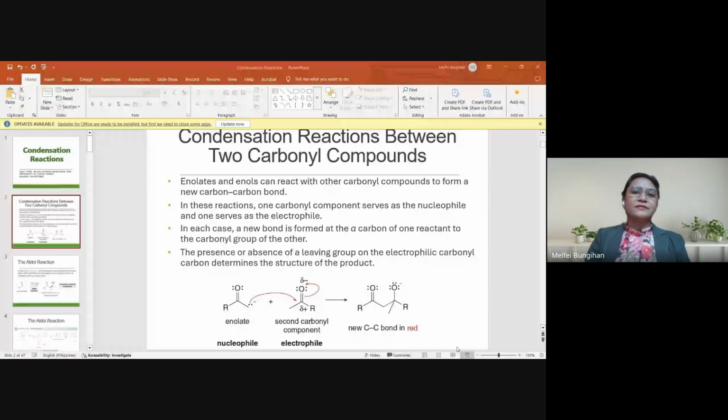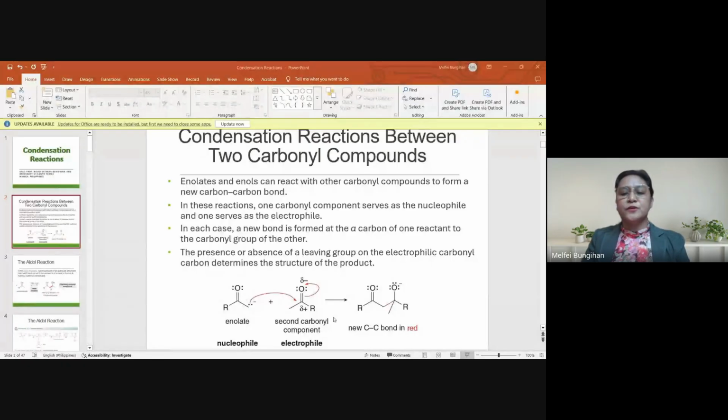So let's look at propanal, for example. Looking at the additional carbon at your alpha hydrogen. Still your alpha hydrogen is acidic in character. It can be abstracted by a base. And then you form now the nucleophile, and it attacks, of course, the carbonyl carbon in the other propanal.